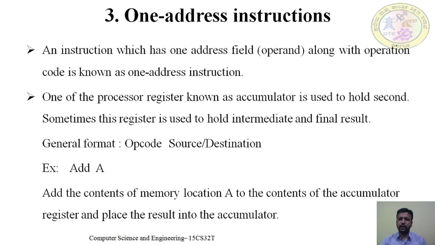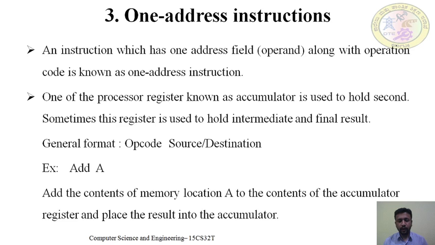In one address instruction, as we have seen in the definition, it is having only one operand. So that operand, sometimes it is a source operand, sometimes it is a destination operand. So the general format for the one address instruction is opcode, source or destination. So either the operand can be source or the destination, only because it is only one operand.